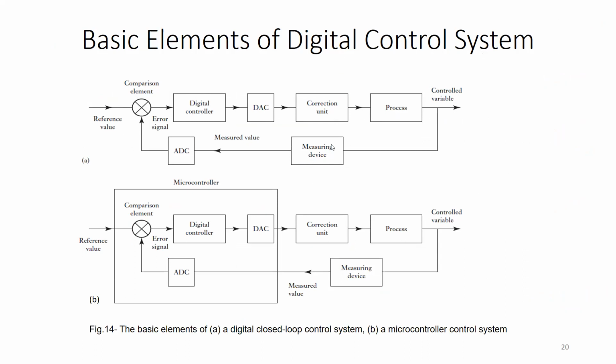So the correction unit, measuring device, process, reference value, everything remains the same, but the only difference is in the control unit. Now we have got the digital controller, and we have attached a DAC, that is digital to analog converter, and an ADC, that is analog to digital converter, over here. Okay.